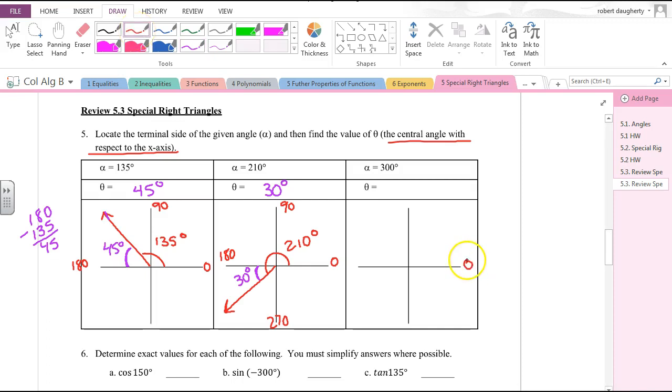So this is 0, 90, 180, 270, and 360. So a 300-degree angle goes all the way over here. Okay, that's my 300-degree angle. And the central angle is the closest x-axis. So if I made it to 300, how much further do I have to go to get to 360? That is 60 degrees. So that is a 60-degree central angle.